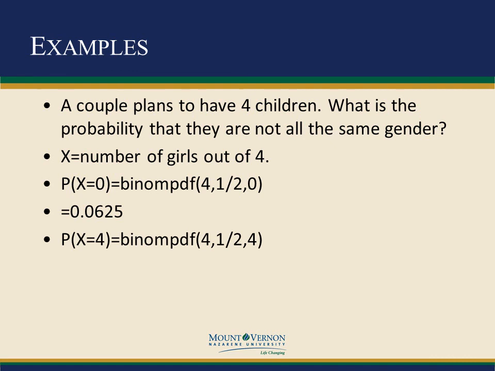Then I compute the probability of having 4 girls, all girls. That's binompdf(4, 1/2, 4). Finally, I subtract these two values from 100% to get my final answer, which would represent the probability of having 1, 2, or 3 girls. And that probability is 0.875.